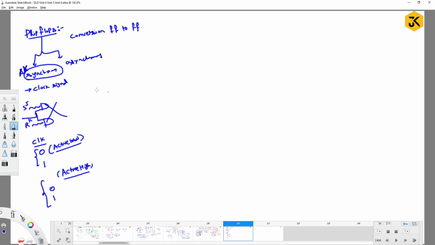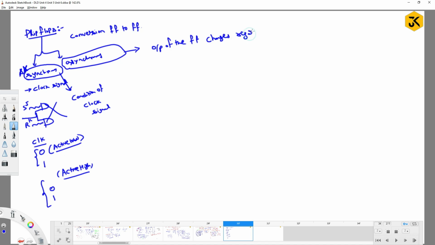So in synchronous flip-flops, your circuit works based on the condition of the clock signal. Coming to asynchronous flip-flops, the output of the flip-flop may change regardless of the condition of the clock signal.